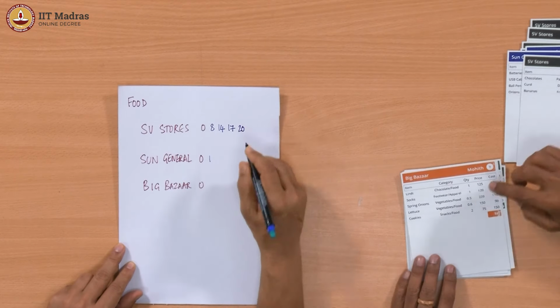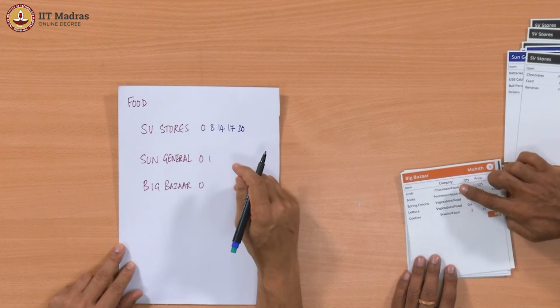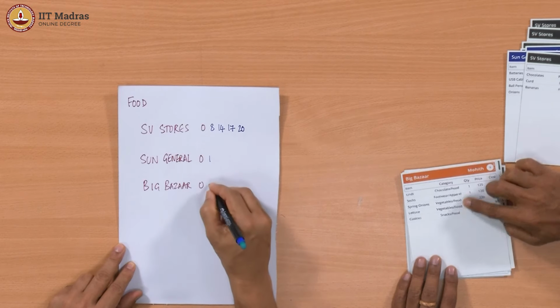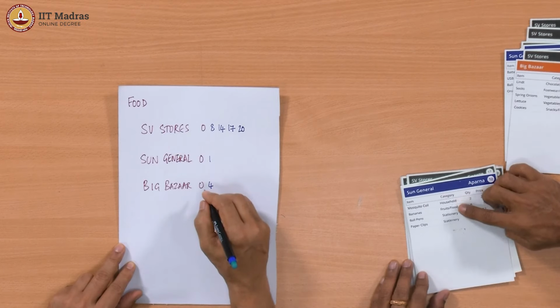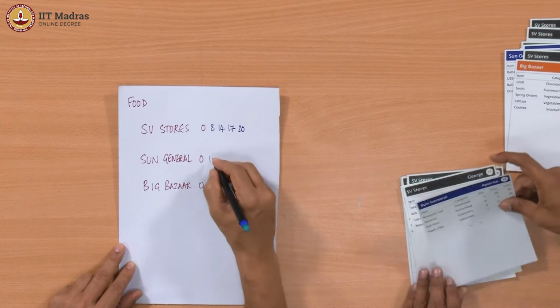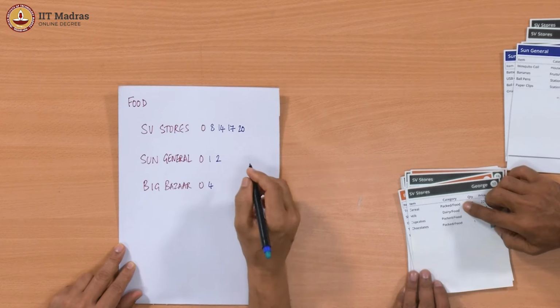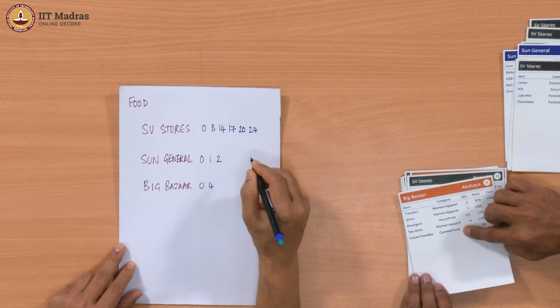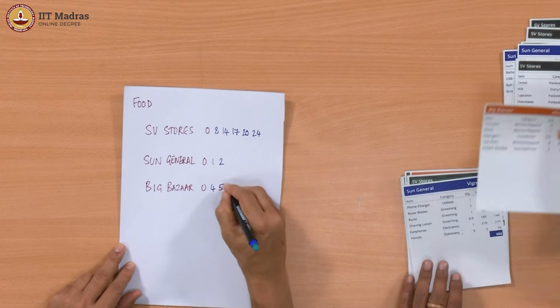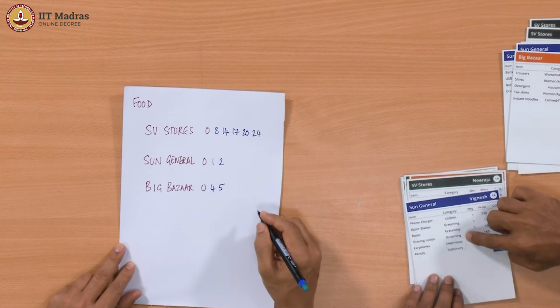20. Big Bazaar for the first time, 4 items. So Big Bazaar has 4 items of food. Sun General has 1. SV Stores has 4. Big Bazaar has 1. Sun General none.